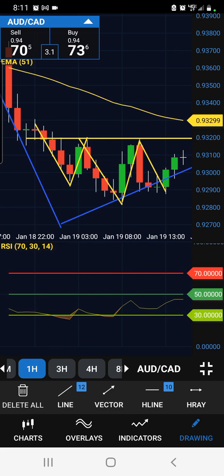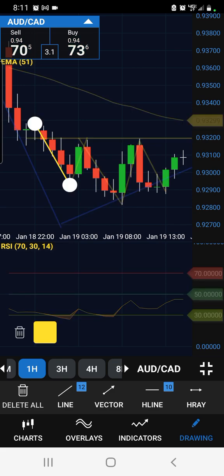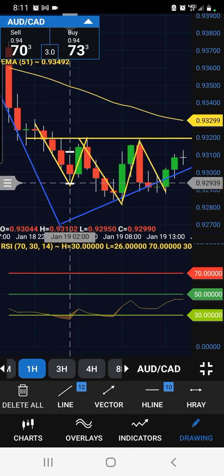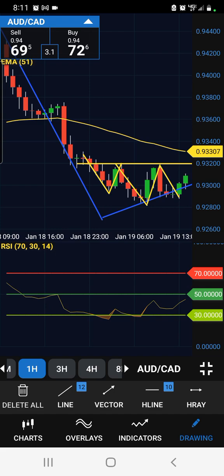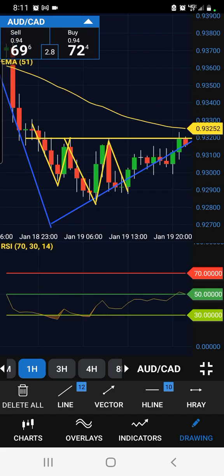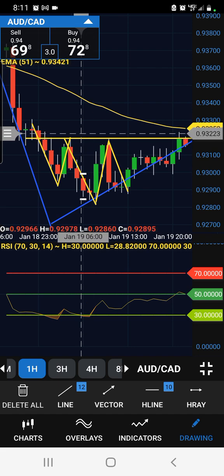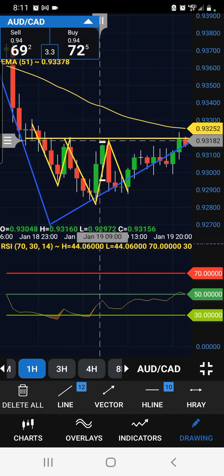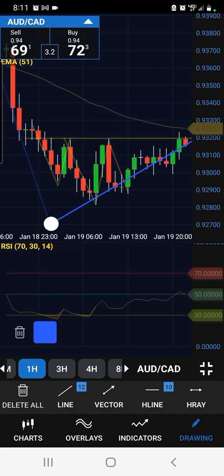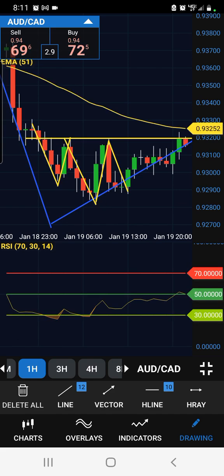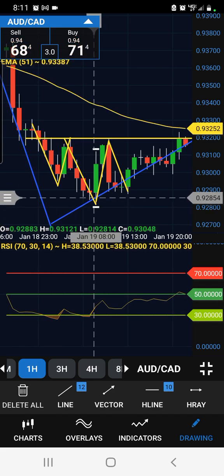You have your left shoulder right here where these 2 points meet. You have your neckline or your resistance line here, where these 2 points meet. And you have your head down here where these 2 points meet.